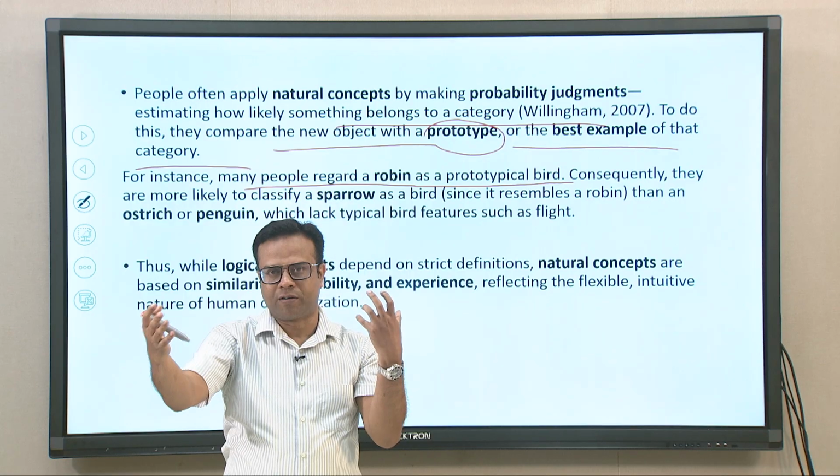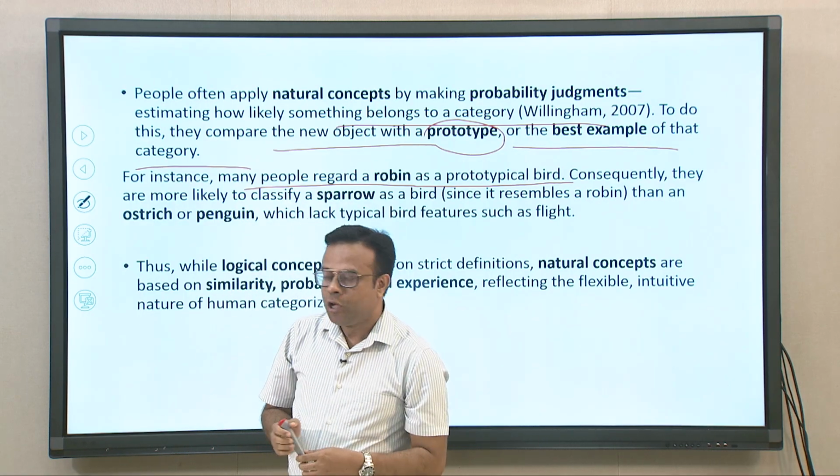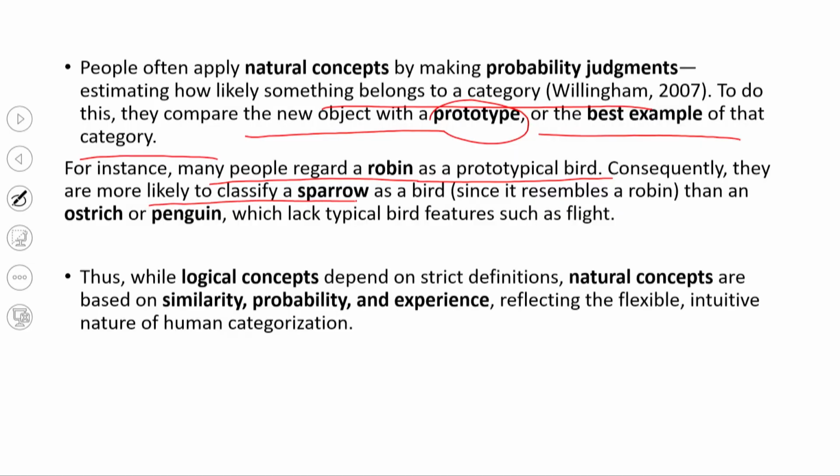Consequently, we are more likely to classify a sparrow as a bird because a sparrow looks very similar to a robin. When we see a sparrow, automatically we say this is a bird because they look the same or similar.